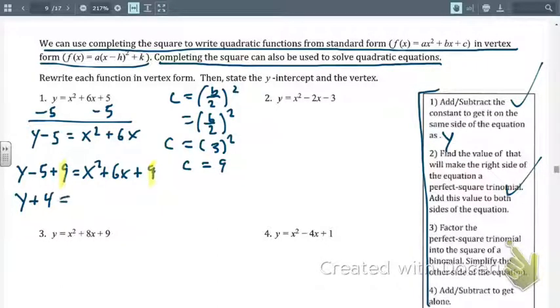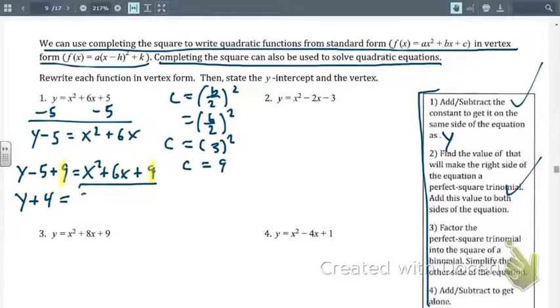And then that's going to equal, alright, so this is what we have to put into this. So we have to write this perfect square trinomial as the square of the binomial. So here's the shortcut.